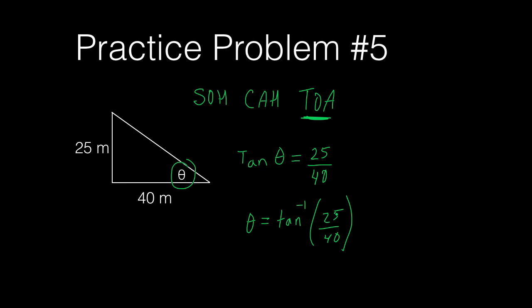Parentheses 25 divided by 40. Close your parentheses off, and I'm getting that theta is equal to 32. If we round to 1 decimal point, it's just 32.0. So 32.0 degrees, and that makes sense.